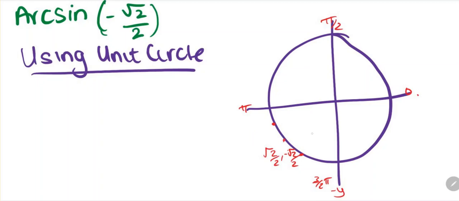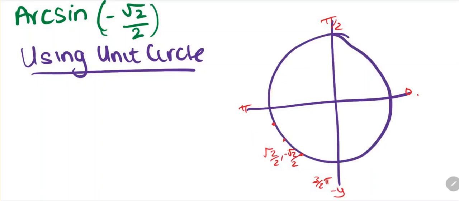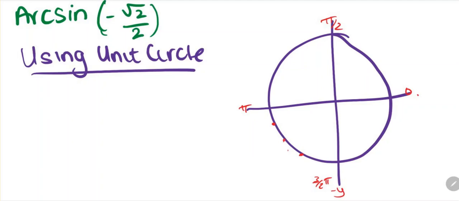Actually, let me move that over. So we have root 2 over 2 and minus root 2 over 2. And then over here we'd have root 2 over 2 and minus root 2 over 2.